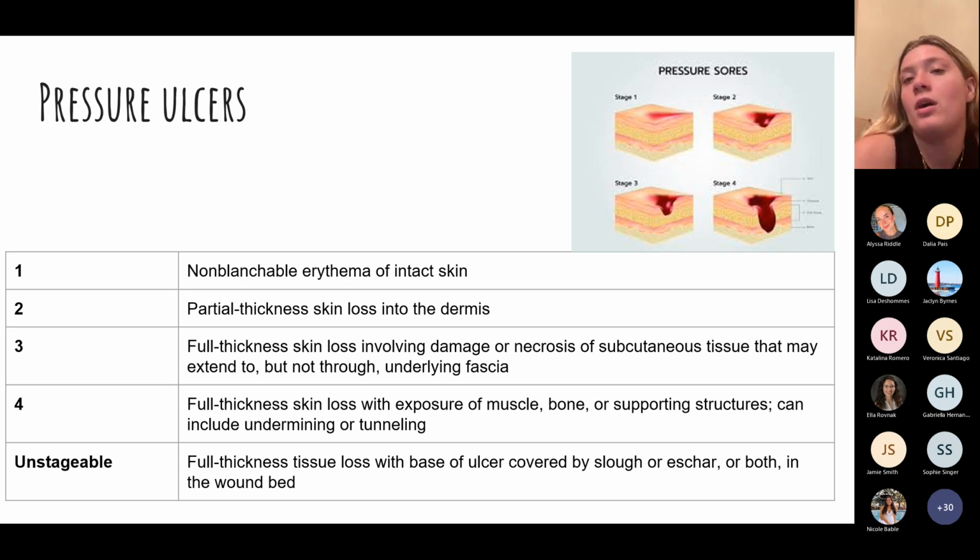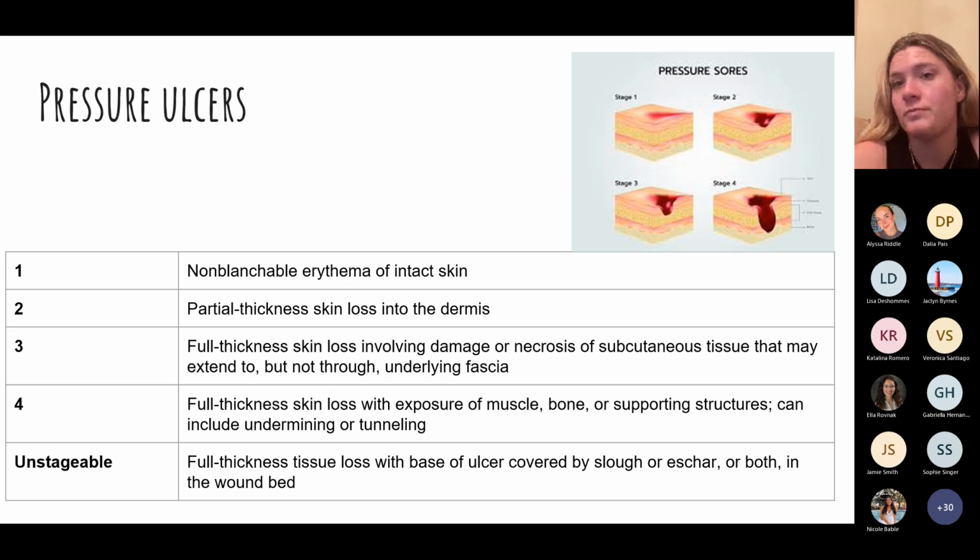So if I have stage 1, my skin is completely intact, but I'll just see redness that's non-blanchable. If I have stage 2, just affecting the dermis, okay? Partial thickness loss, but still the dermis. If I have a 3rd degree pressure ulcer, now subcutaneous tissue is getting involved. 4th, that is when I can now see muscle or bone, okay?